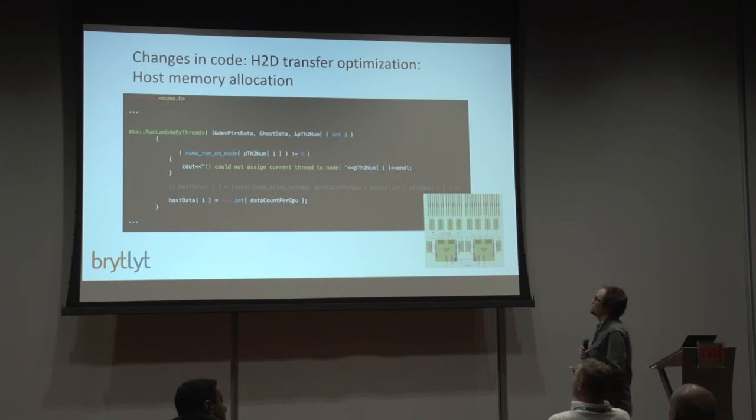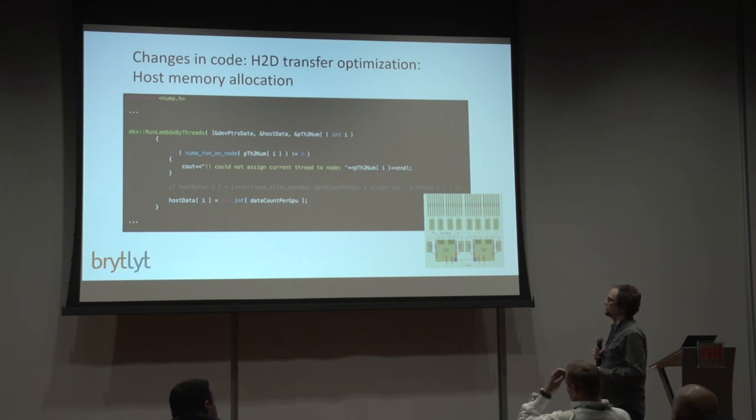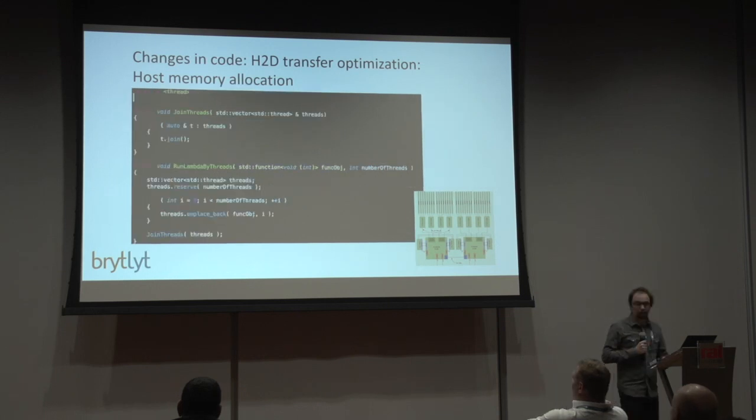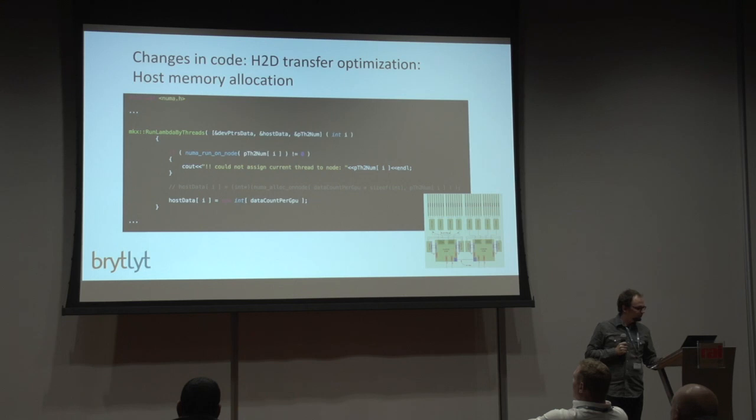So I can present a quick example of how we can allocate memory, do a transfer, and do computation using that architecture. To do that, I use a function, run lambda by thread. It's not a super complicated function. It just runs a lambda by thread using the standard thread library.